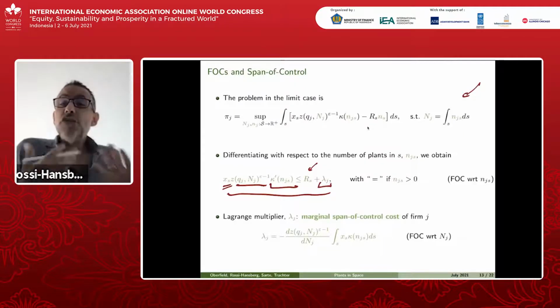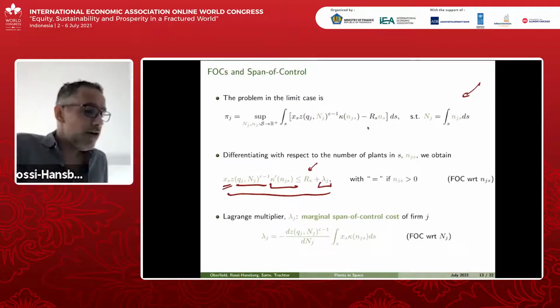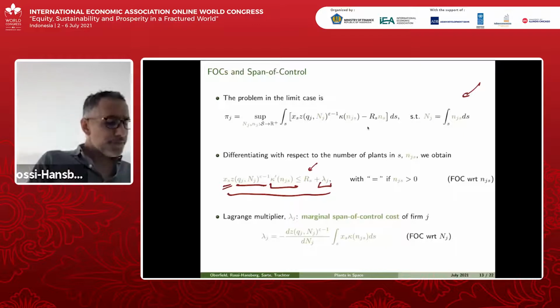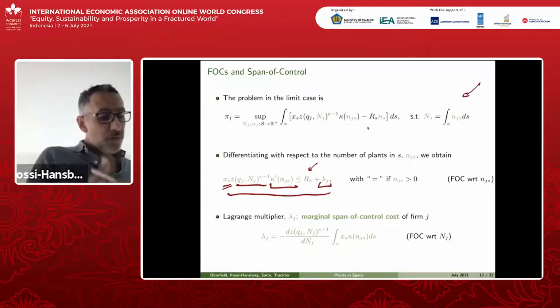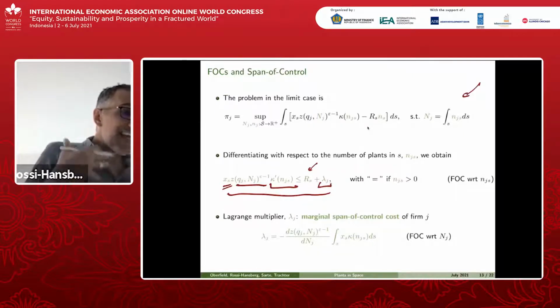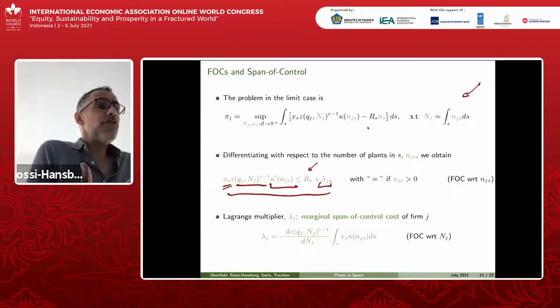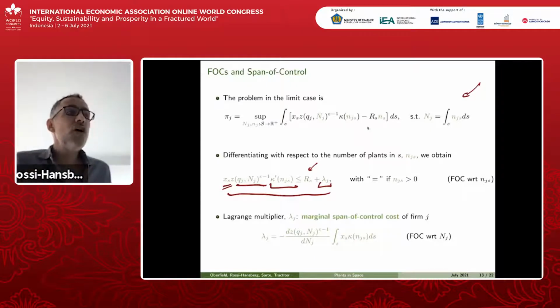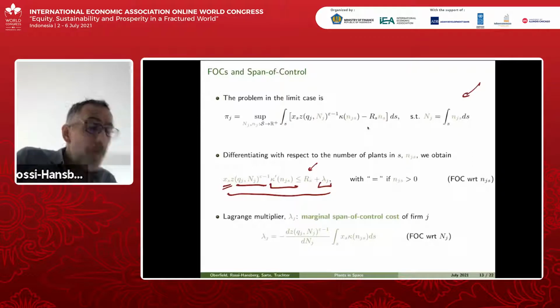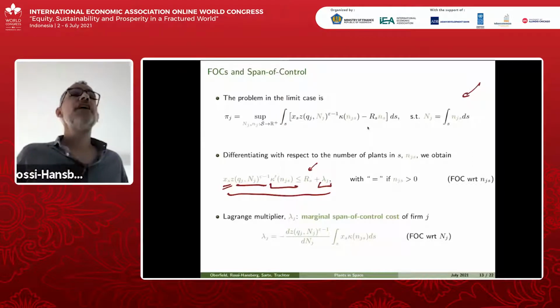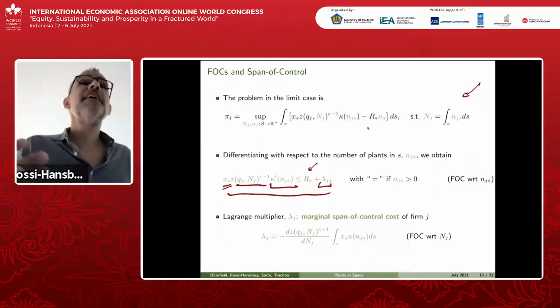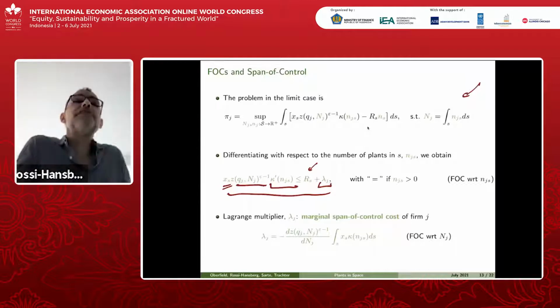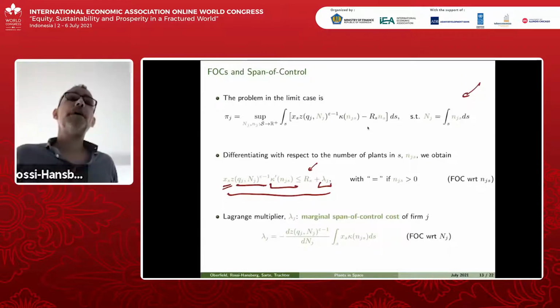It's an endogenous fixed cost that comes out of the span of control effect on productivity, which is, well, whether I want to put another plant or not, or the cost of putting another plant in a particular location, depends on how many plants I already have, because if I put another plant there, that affects my span of control, and that affects the productivity of all my production plants.